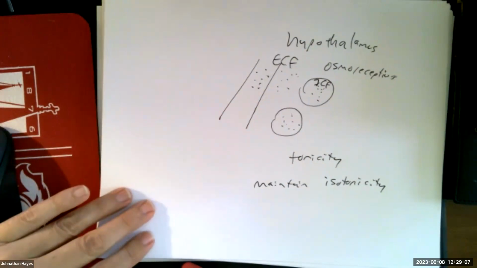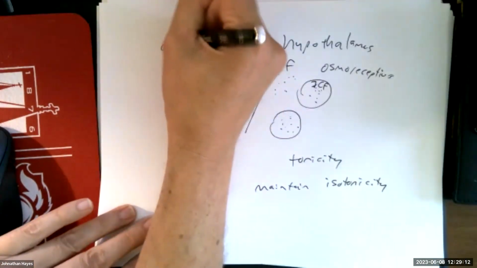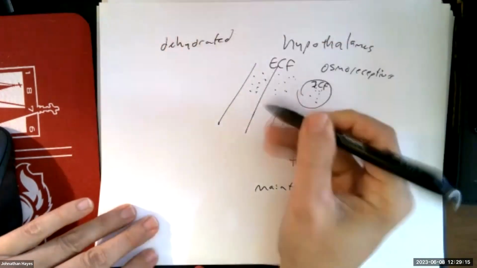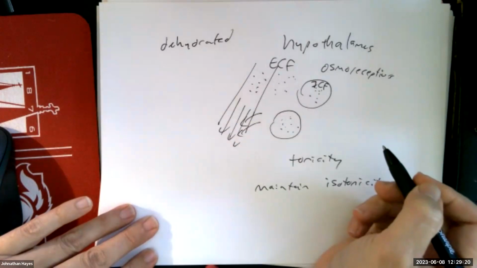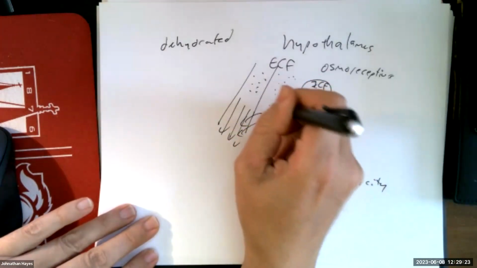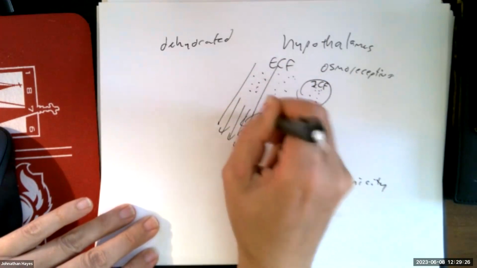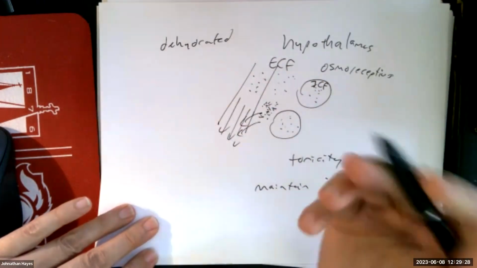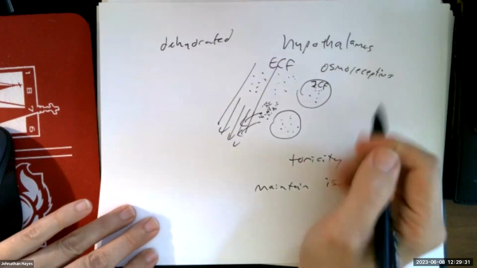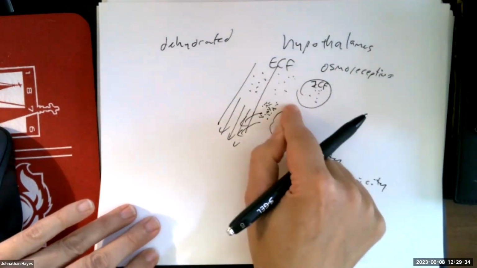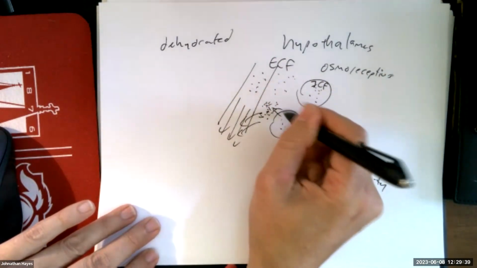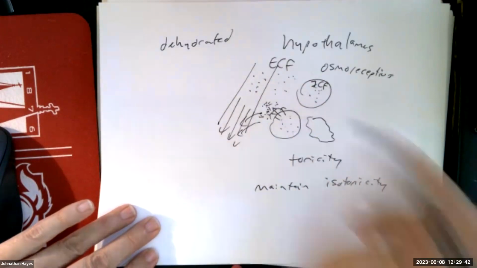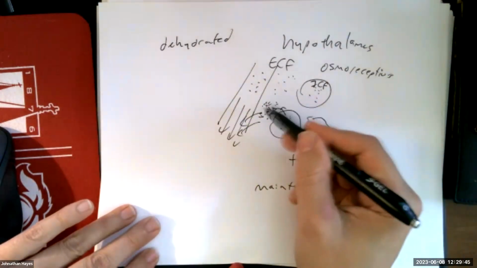But what happens if I don't drink enough? What happens if I'm dehydrated? If I'm dehydrated, a lot of this water tends to disappear, and that causes the electrolytes that were dissolved in solution to appear more concentrated. Because water can freely move through cell membranes, that's going to cause these osmoreceptors to shrink or shrivel, because we've created a hypertonic environment.